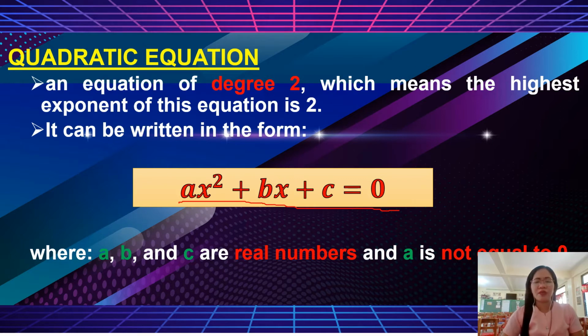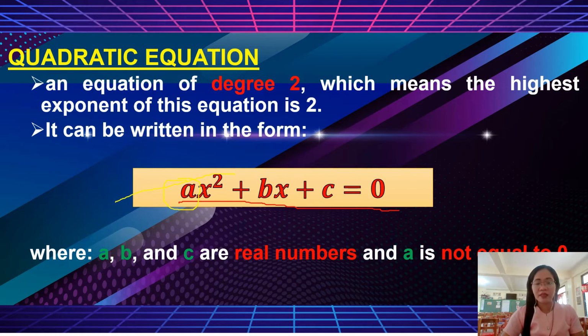Now, what do you think is the reason why a should not be equal to 0? Nganong kinahanglan kani siya should not be equal to 0. The reason is that if a equals 0, so meaning this one is 0 na, so ang iyahang degree is 1.